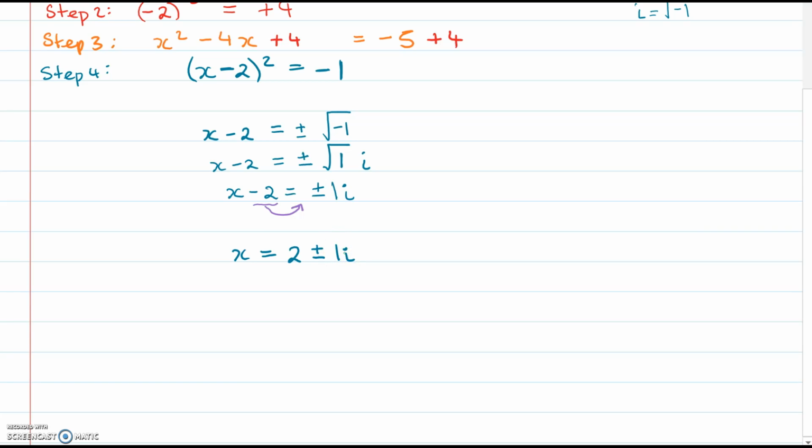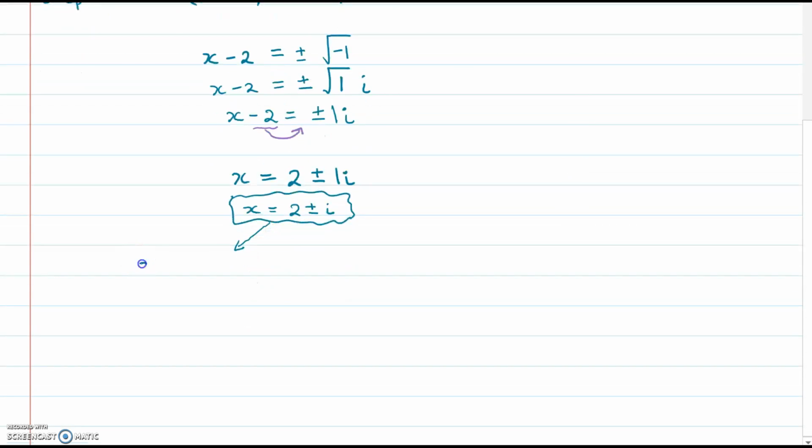X equals 2 plus or minus 1i, which is very often going to be written as x equals 2 plus or minus i. Either of those ways to write this is okay. But probably the way you're going to see it most often is like this: x equals 2 plus or minus i. i is the same as 1i. And then to see the two individual equations, it would be x equals 2 plus i and x equals 2 minus i.